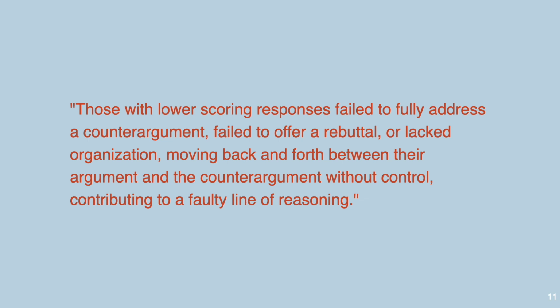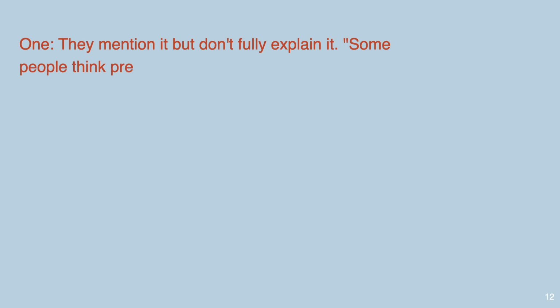Here are 3 ways students fail at counterargument. 1. They mention it without fully explaining it. For example, some people think preservation laws are bad. Isn't a counterargument. It's just acknowledging that opposition exists. 2.